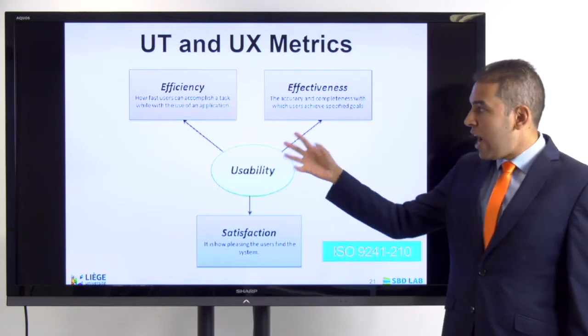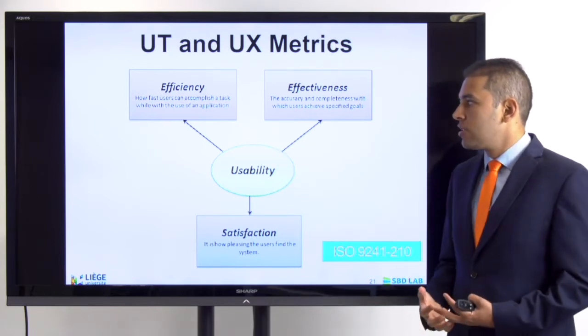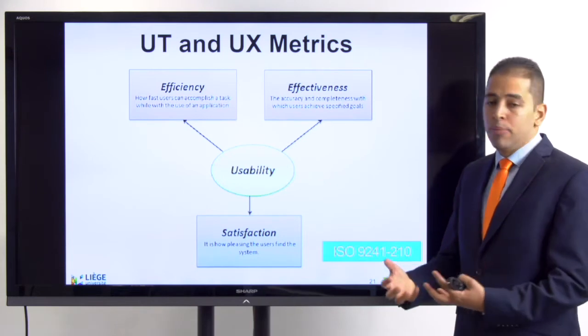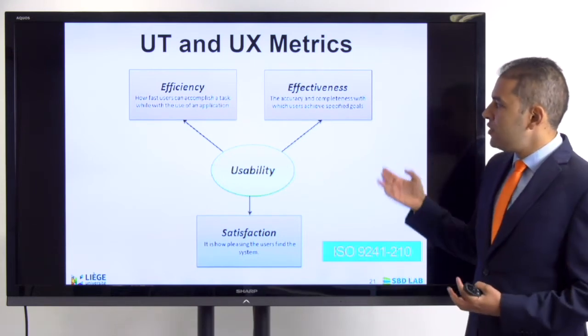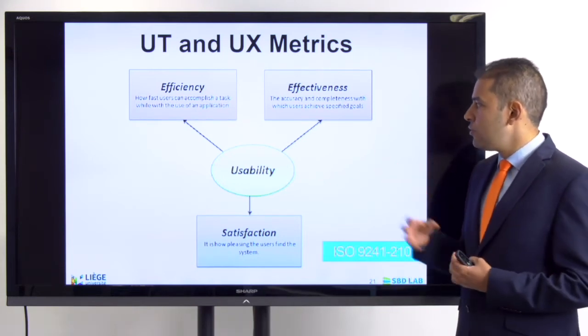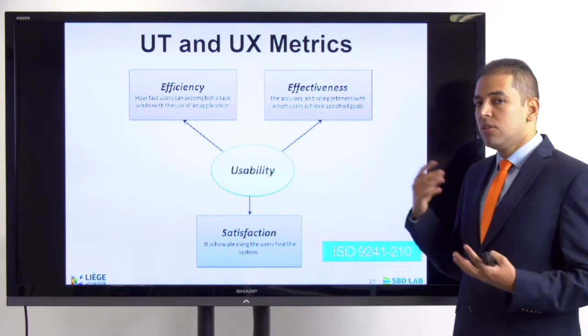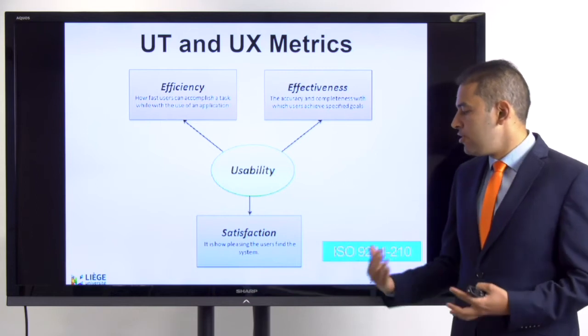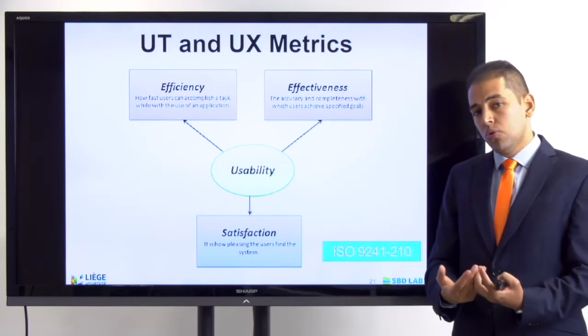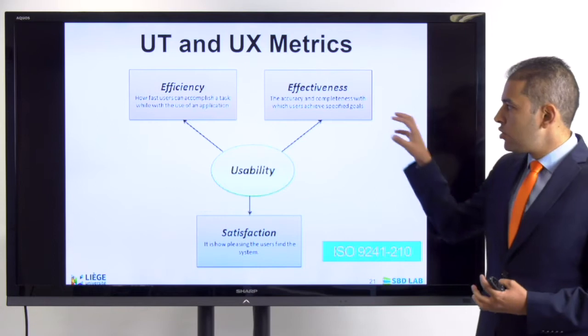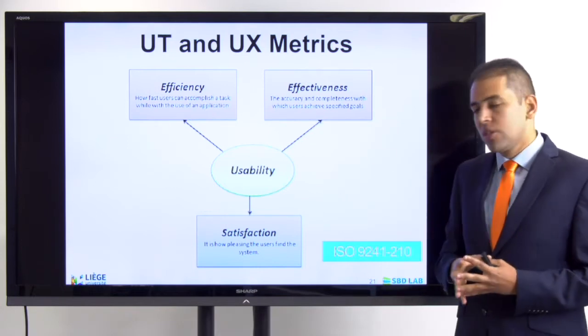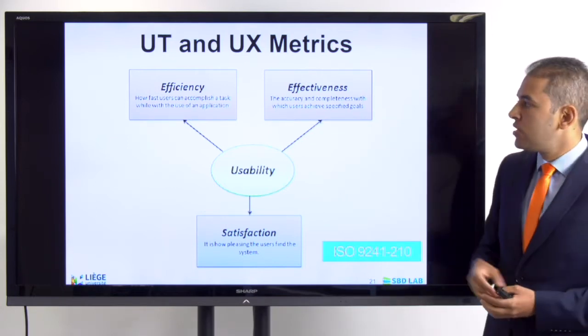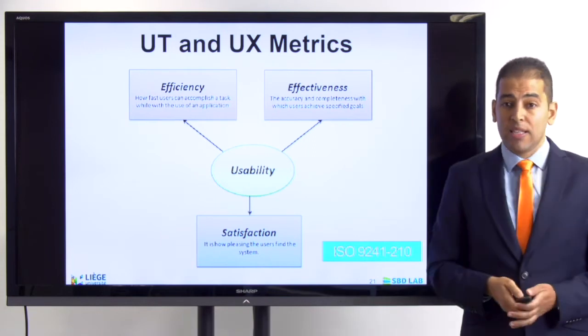Efficiency here is how fast users can accomplish a task while using an application or a solution. Effectiveness is the accuracy and completeness with which the users achieve specific goals, the range of error, and so on. And finally, satisfaction is how pleasing the users find the system or solution that you are proposing. So those are the three most famous metrics used in usability testing and user experience: efficiency, effectiveness, and satisfaction.